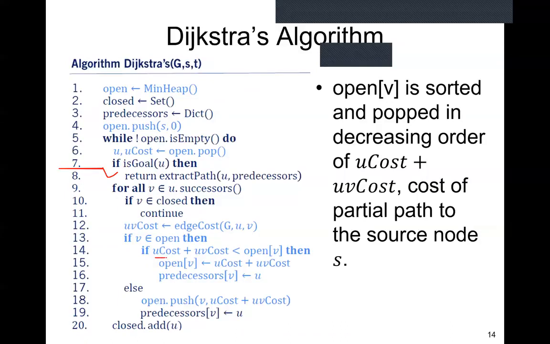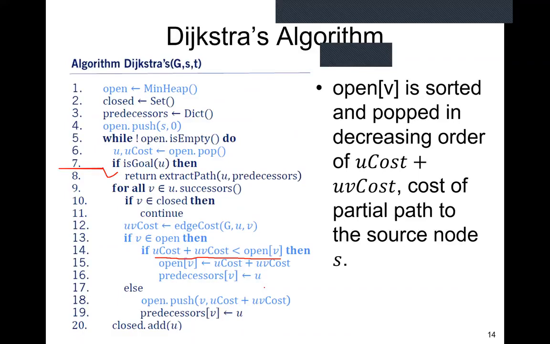If the cost up to now plus the edge cost is less than the current best cost, you save this new cost as the current best cost and add U as the predecessor of V. Otherwise, you push it into the open set.